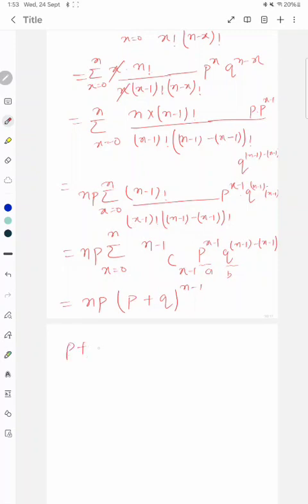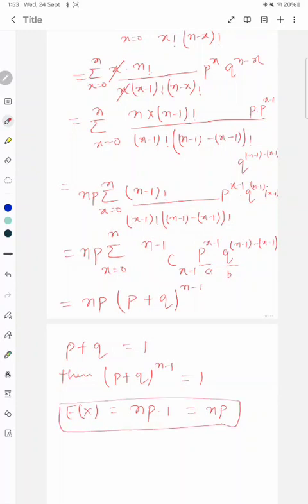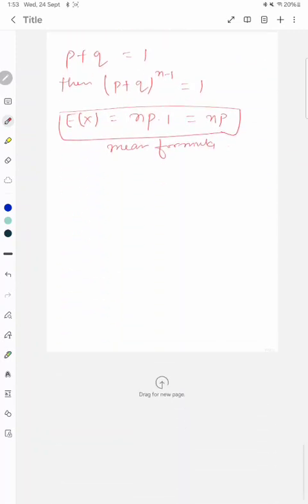Since we know p plus q equal to 1, then (p + q)^(n minus 1) equal to 1. Therefore E(x) equal to np into 1 equal to np. This is the mean for binomial distribution.